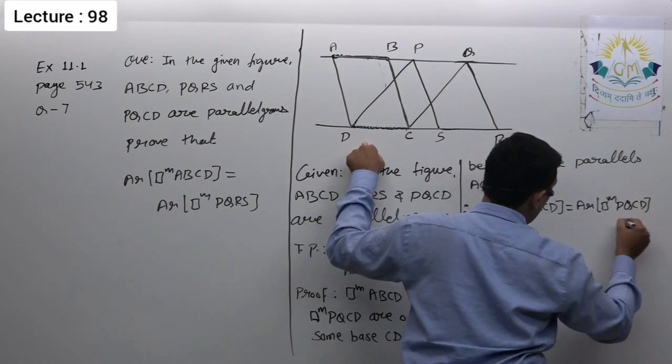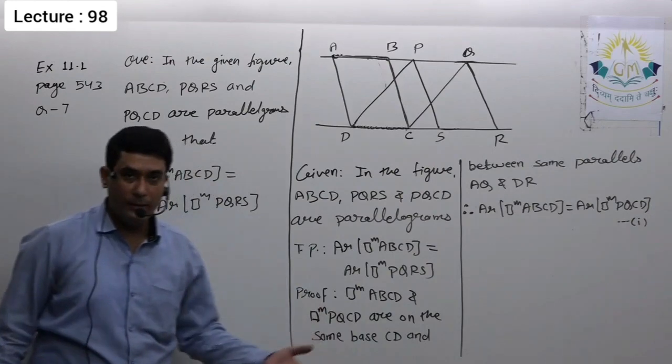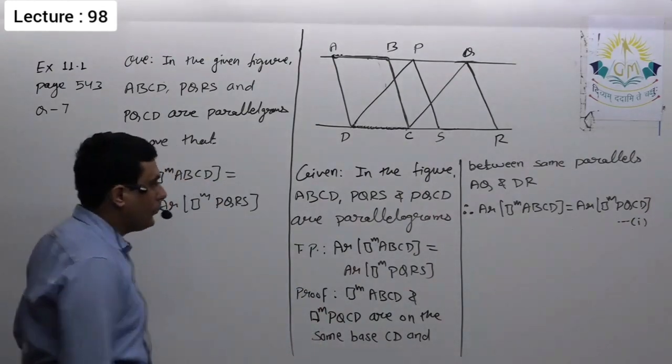We have this, that if two parallelograms are on the same base and between the same parallels, they are equal in area.